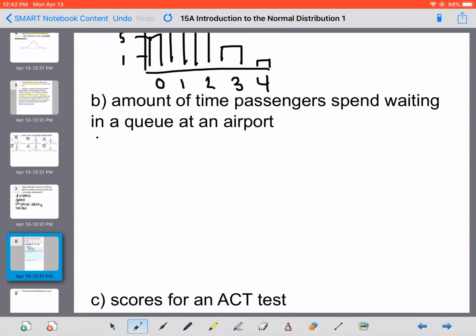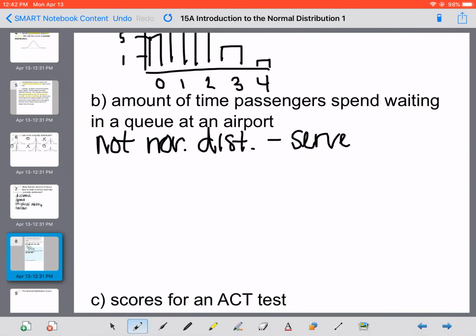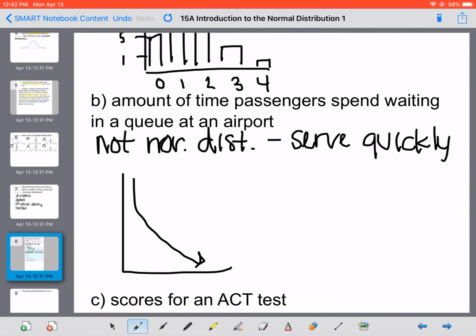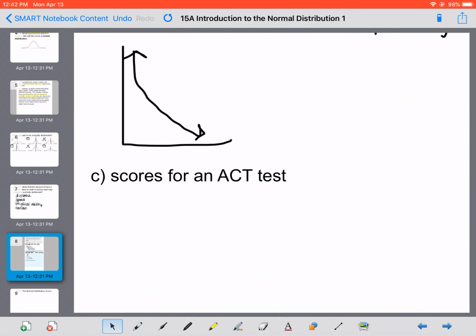Because of that, this is not going to be normally distributed. They're going to try and serve the people as quickly as possible to get them in and out. So this particular graph will look something like this. The more people you have, the quicker it's going to go. So not a normally distributed situation.